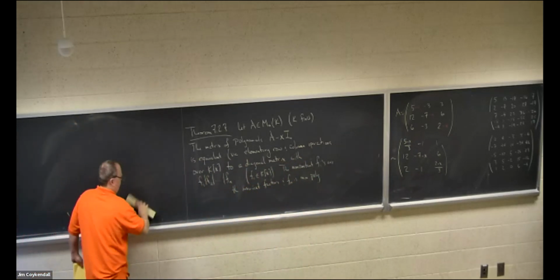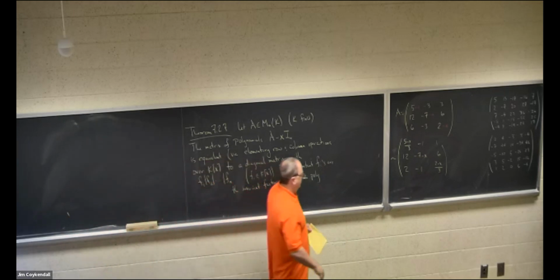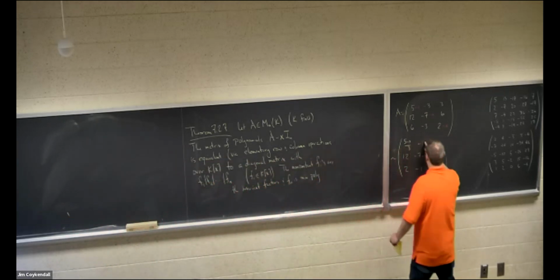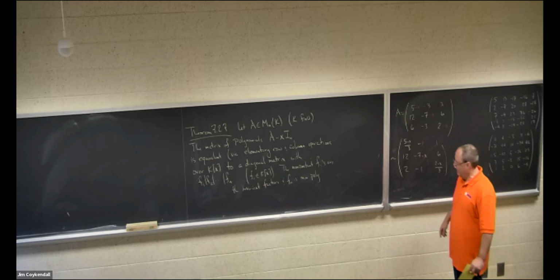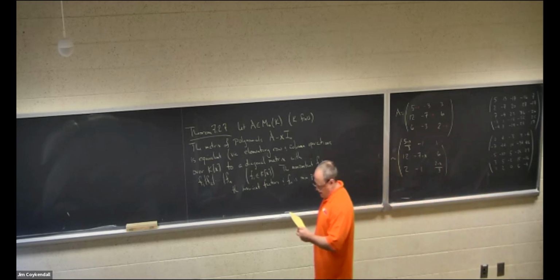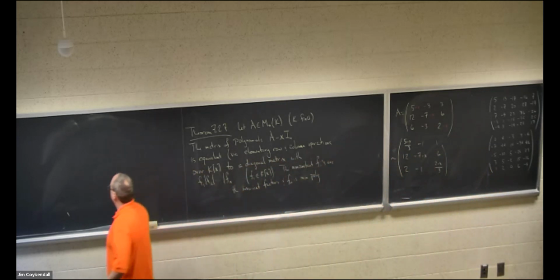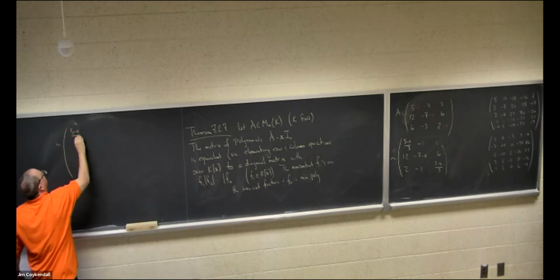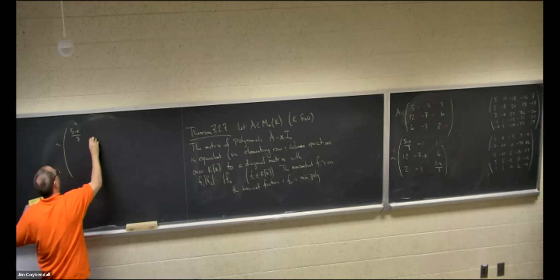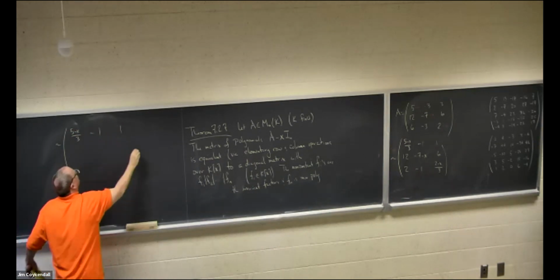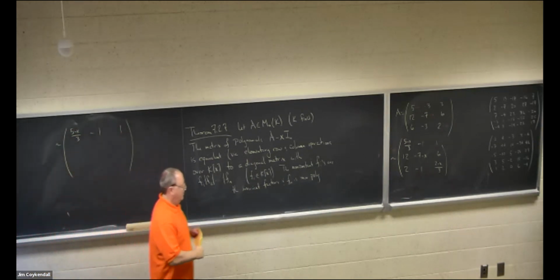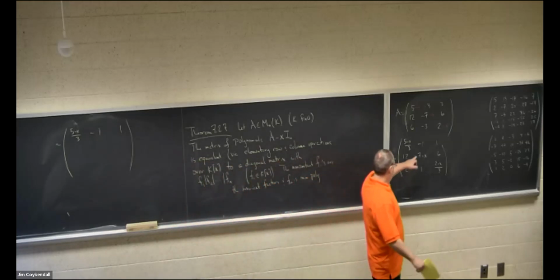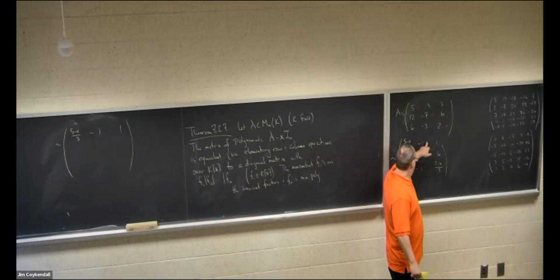Next step, I'm going to use this -1 to nuke everything below it. So in particular, my next step, 5 minus X over 3, minus 1, 1. I'm going to multiply the top row by -7, -X, and add it to this row.